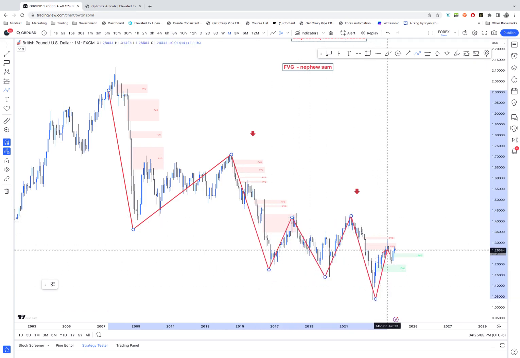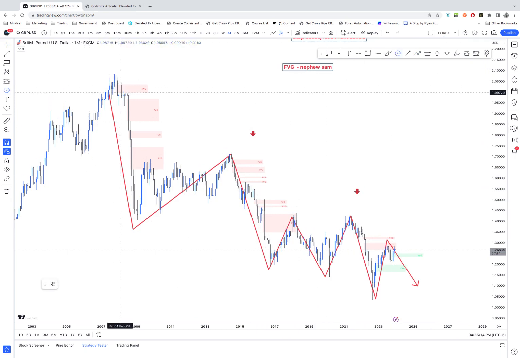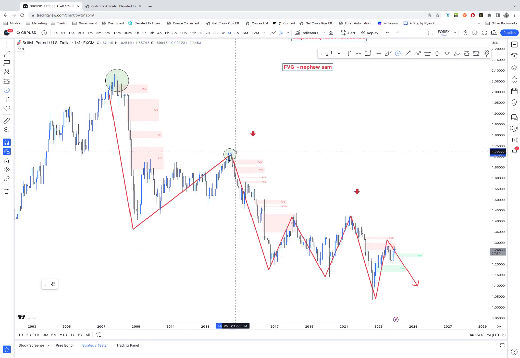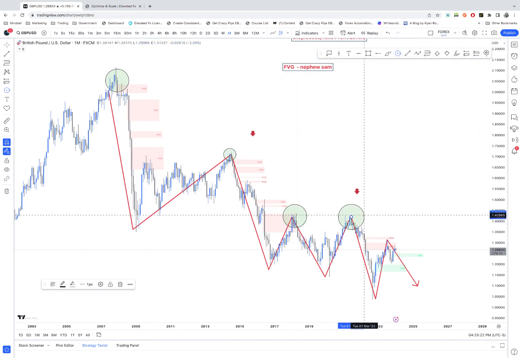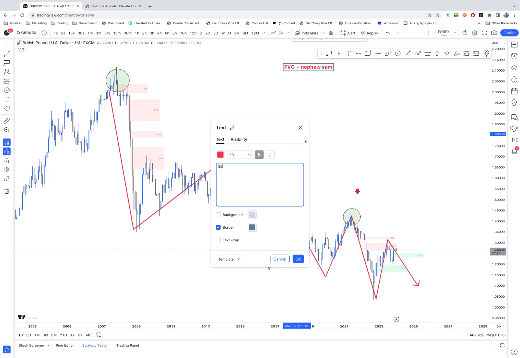And when it comes back to these levels, what we want to do is we want to sell the tops of a bearish trend. All right. And you want to buy the bottoms of a bullish trend. Now, what do I mean? We want to sell the tops of a bearish trend.